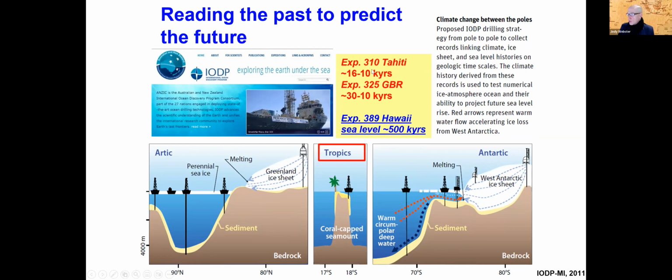And Expedition 310 Tahiti was the first MSP to look at this, and really gave a much better record of sea level change from about 16 to 10,000 years. The next expedition was the Great Barrier Reef, Expedition 325, and it really gave a much more detailed view of the last 30,000 years. And the innovation for Hawaii is to take this record back and particularly sample, as we'll see, different periods of Earth history.